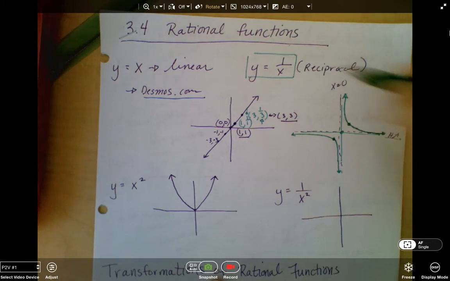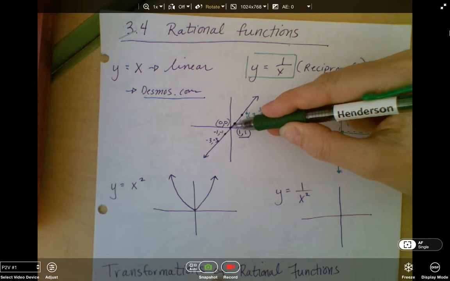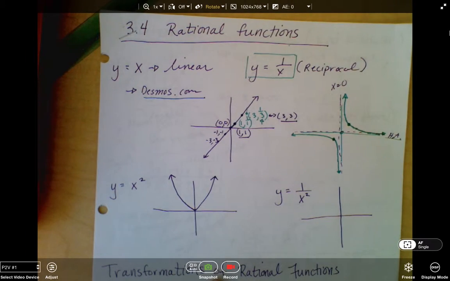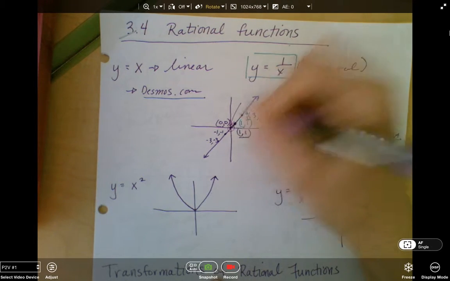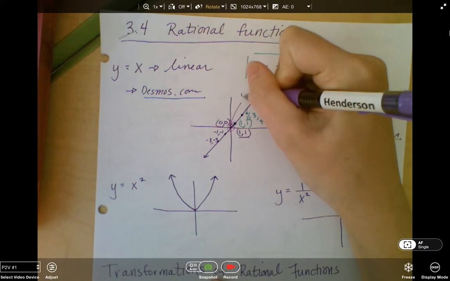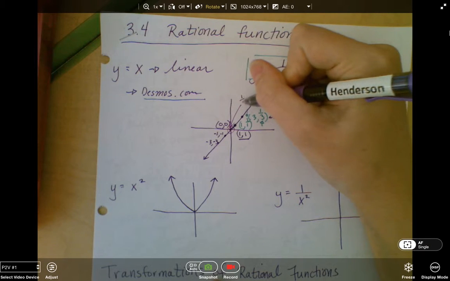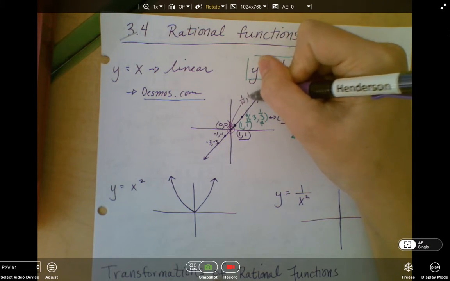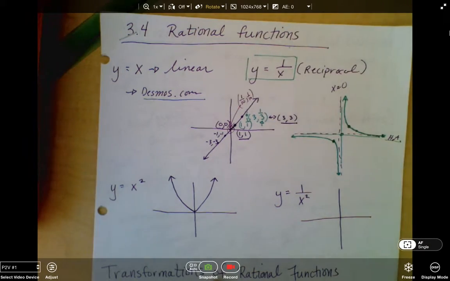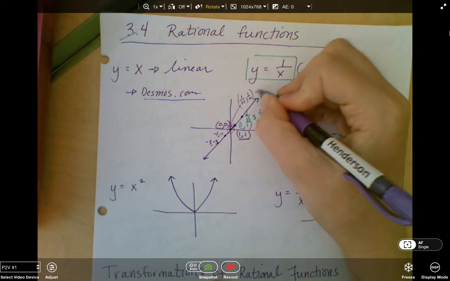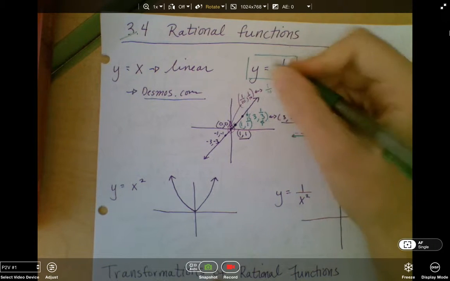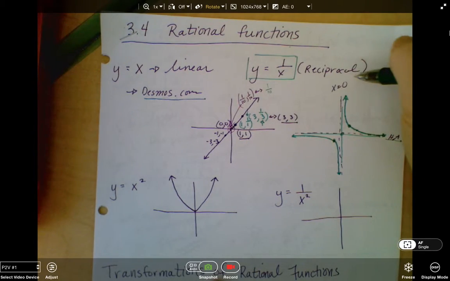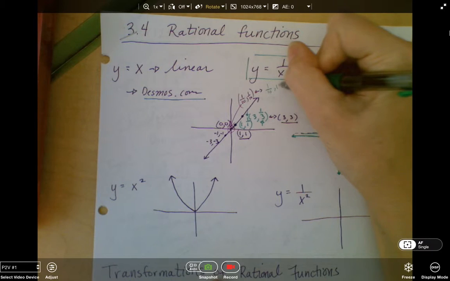Now, this way, let's say I put in, looking at this point, we're going to do a little zoom in there, and say I'm looking at the point 1/10. Well, when I change that into its opposite, 1/10 becomes a reciprocal, 10.